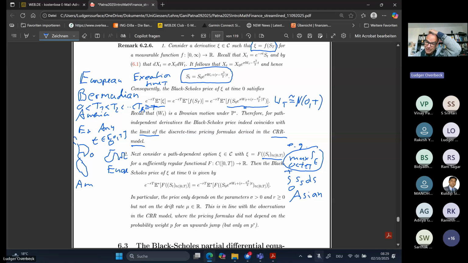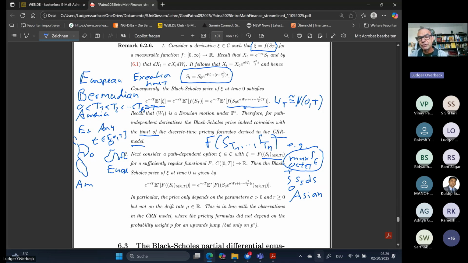So it's somewhere in between. That's an option which depends on F of ST1 to STk. Also from a computational point of view, that's like a collection of European options. But nevertheless, in this sense, it's path dependent.